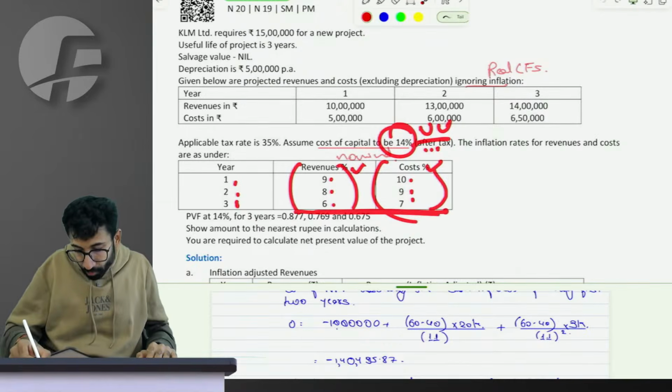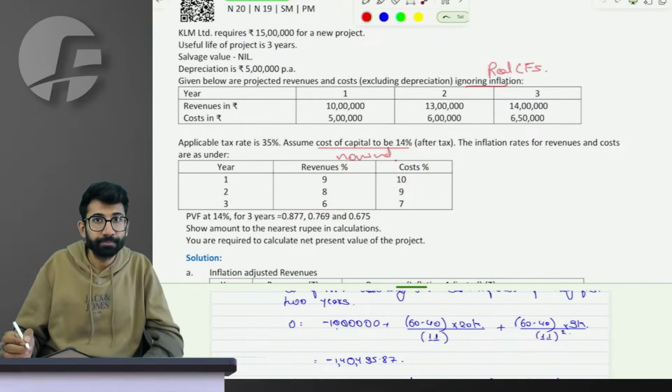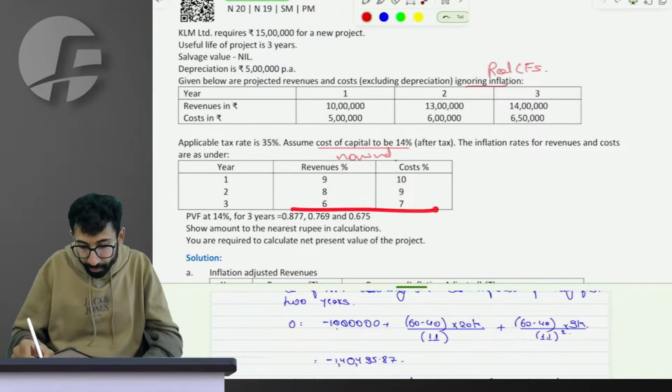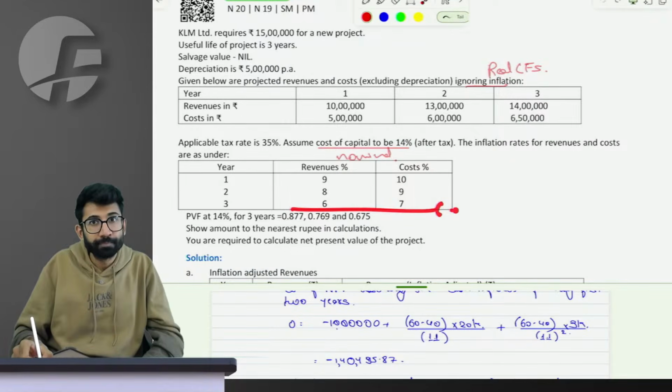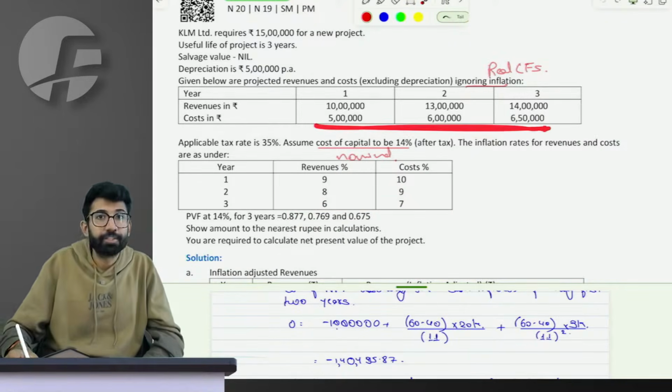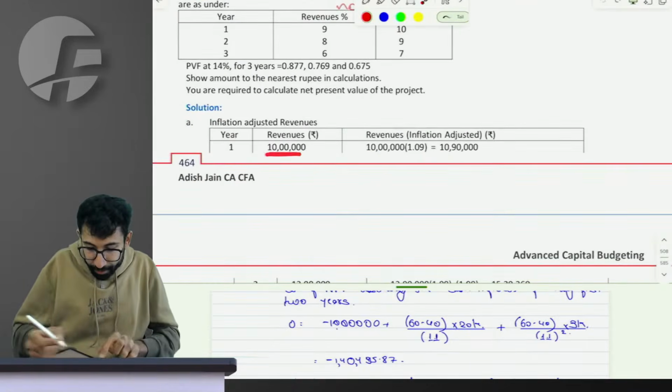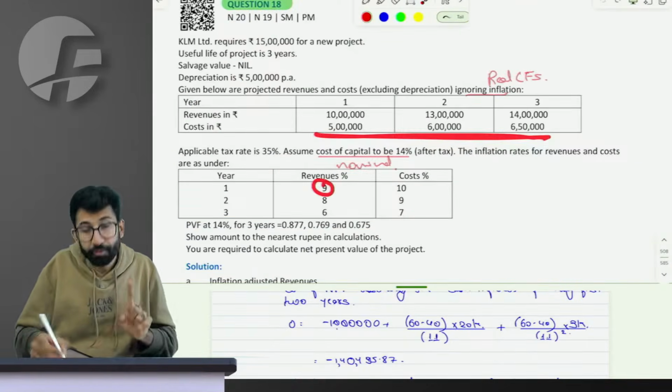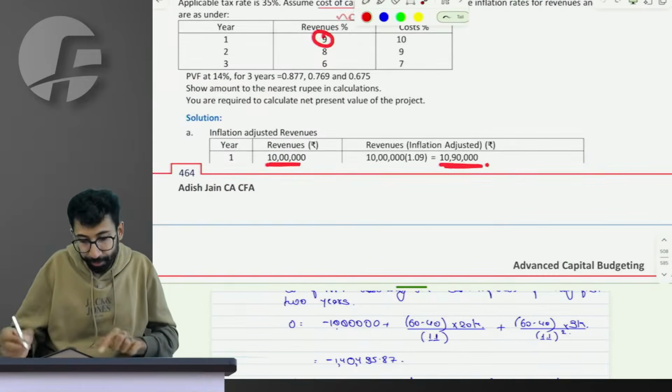What did you understand? We understood that, sir, cash flows will have to be adjusted. So 10 lakhs being the cash flow of 1 year will be adjusted for 9% for 1 year into 1.09.